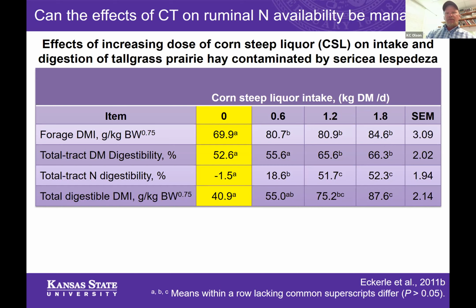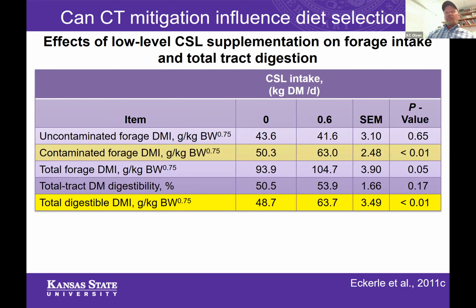So our next thought is, will that then affect the animal's willingness to voluntarily select contaminated hay versus clean hay? And we used the lowest level of corn steep supplement identified in the previous study.